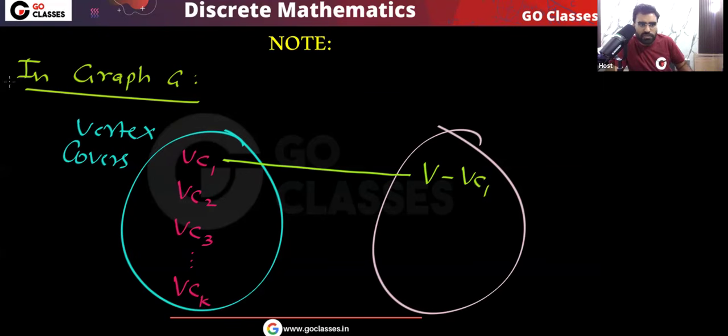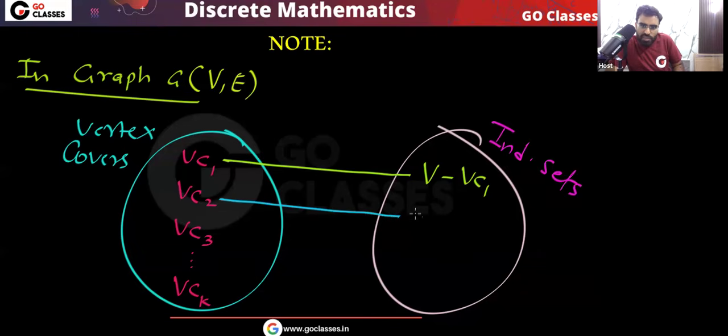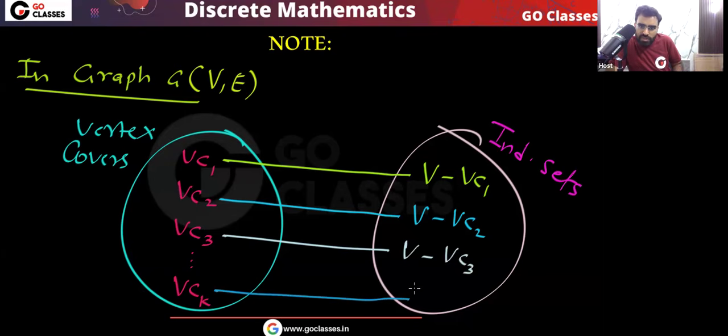Do you agree? You have graph G equals (V, E). For every vertex cover, there is a unique independent set associated with it. Similarly, for vertex cover VC2, there is a unique independent set associated with it. Similarly for VC3, and so on, up to V minus VCK.